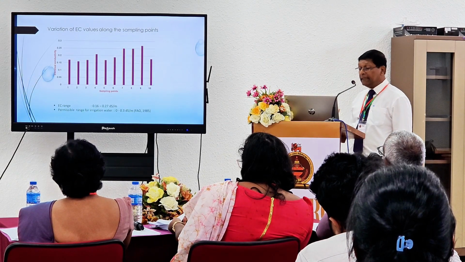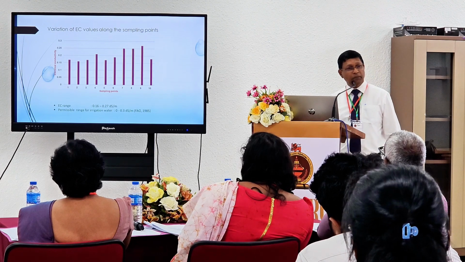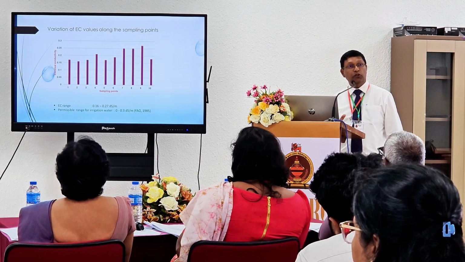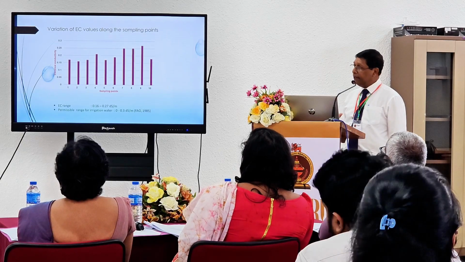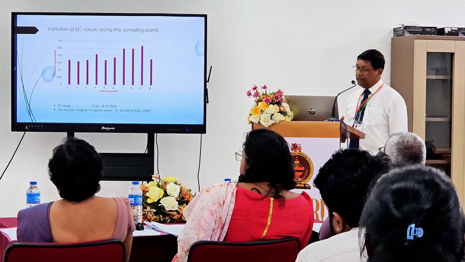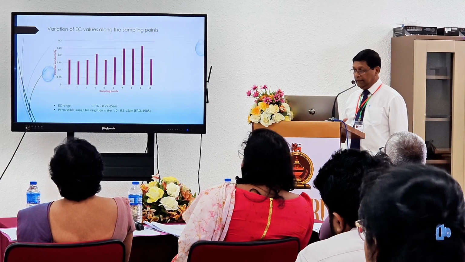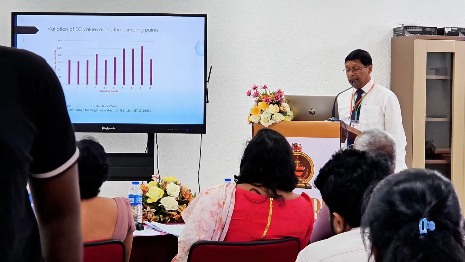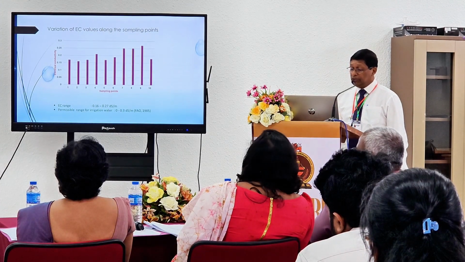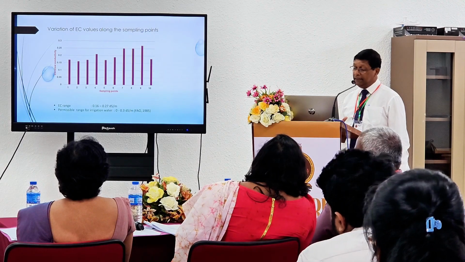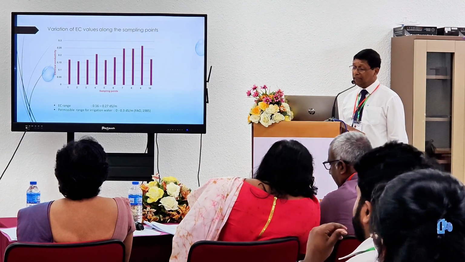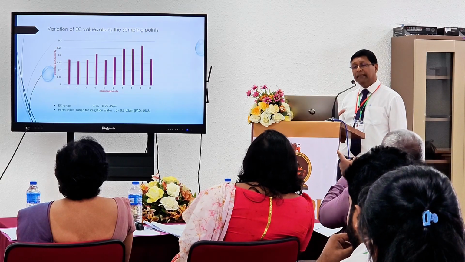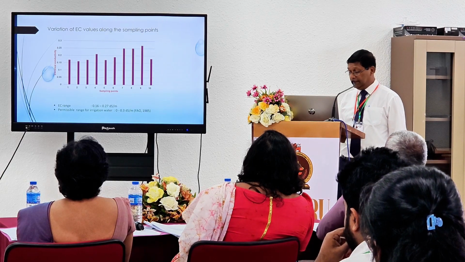Electrical conductivity is a very important parameter to be measured in irrigation water because it indicates the soluble salt. Again, no significant difference was observed among sampling points. The EC ranges from 0.16 to 0.27, within the permissible range, but you can see the last three sampling points, 7, 8 and 9, show a little bit higher EC levels.